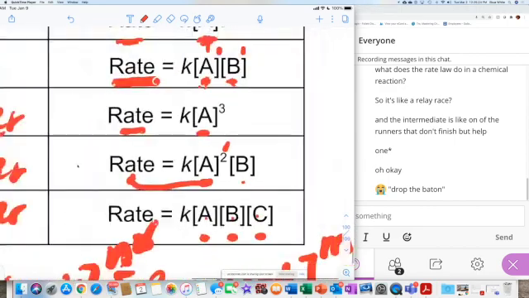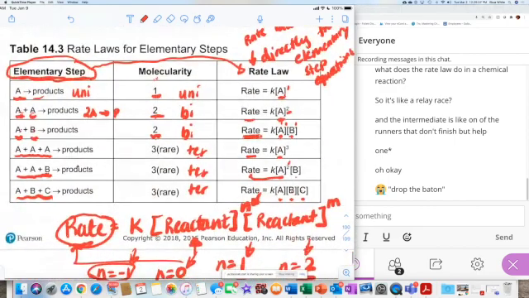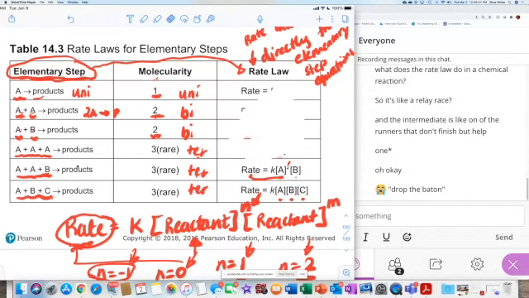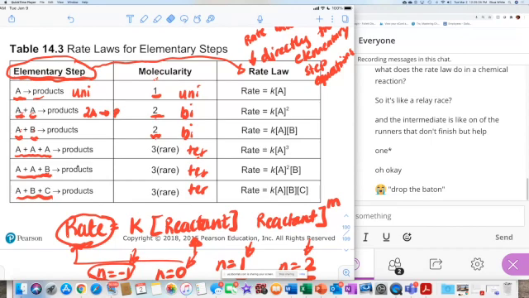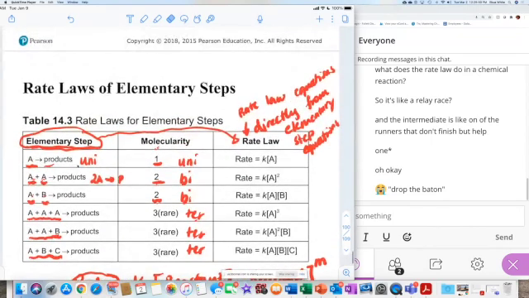But what I wanted to focus on here is what I mentioned before: when you have a regular reaction, you really cannot write the rate law for an overall reaction directly. While I'm here, I want to restate that.